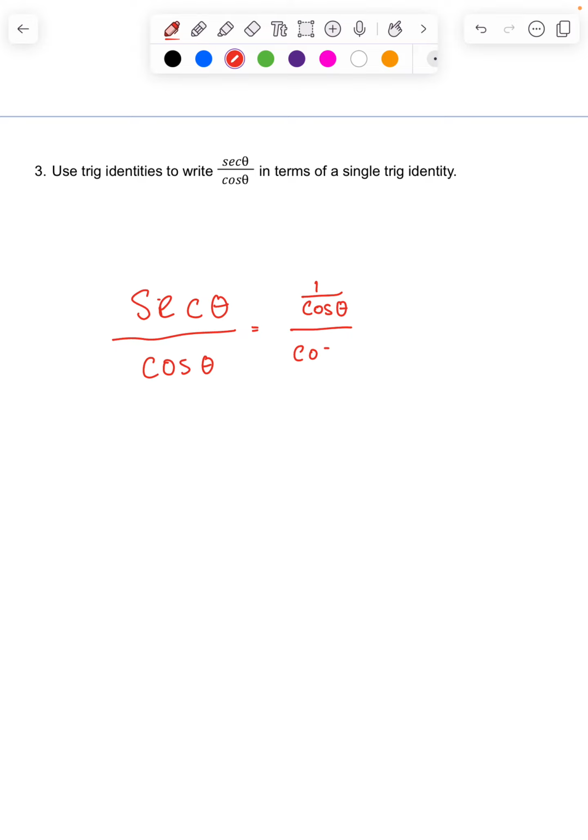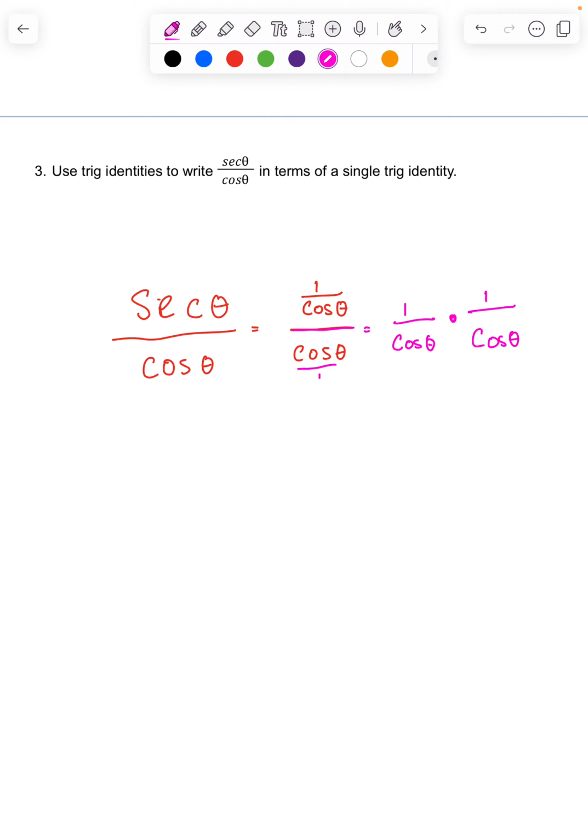And then it's over cosine theta. So remember, keep, change, flip. We are going to keep the numerator, change the division symbol to multiplication, flip the order of the denominator. So instead of cosine over 1, it's going to be 1 over cosine theta.